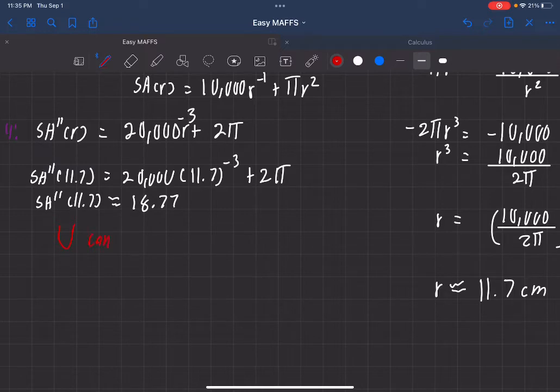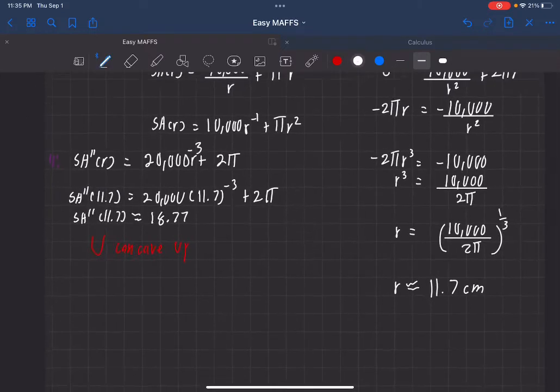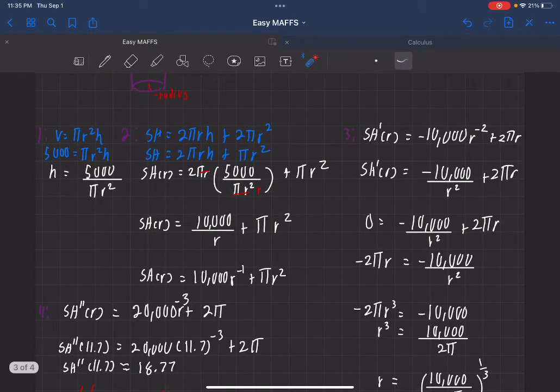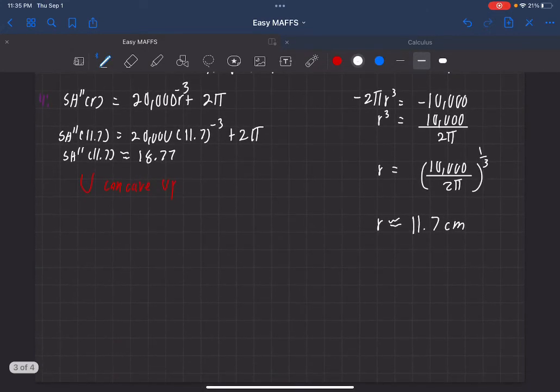So concave up. And what does that tell us? Well, because this is written in terms of radius and this is our surface area, when our radius, so let's write a statement.